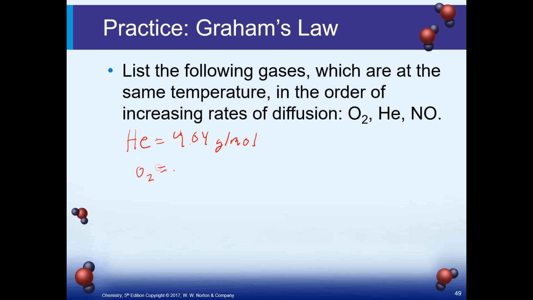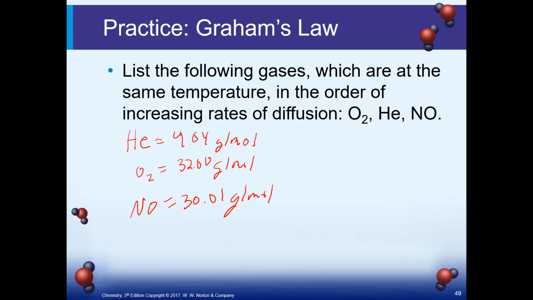O2 has a molar mass of 32 grams per mole. And NO has a molar mass of 30.01 grams per mole.